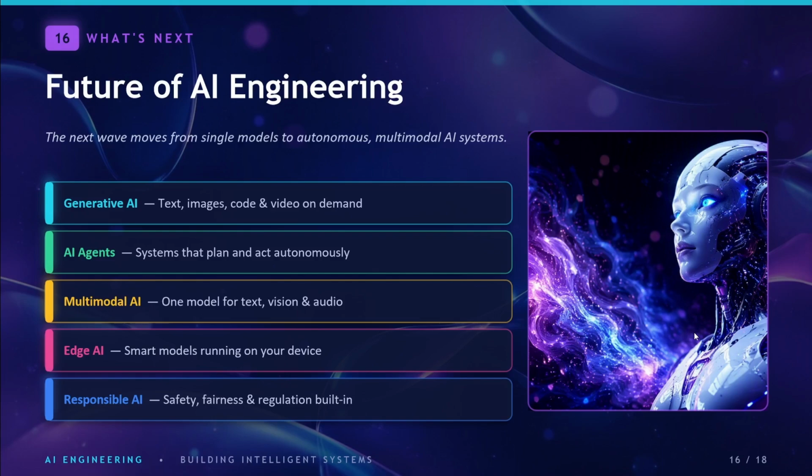And fifth is responsible AI, which focuses on building safety, fairness, and regulation directly into AI systems from the ground up, rather than treating these concerns as an afterthought. Together, these five trends represent the next frontier that today's AI engineers will be working on in the coming years.